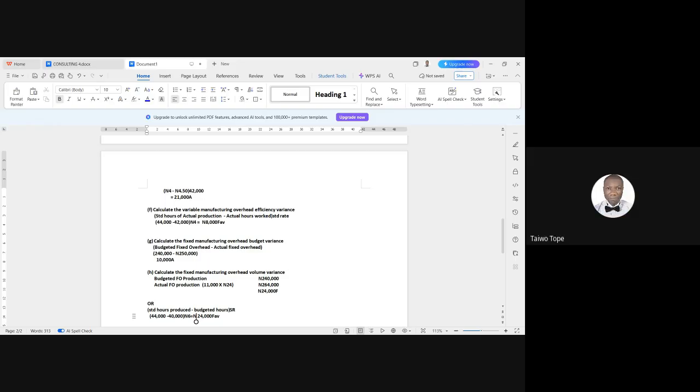Budgeted fixed costs over the activity level, and in this question that is hours used. Direct labor hours is what? 40,000 direct labor hours.